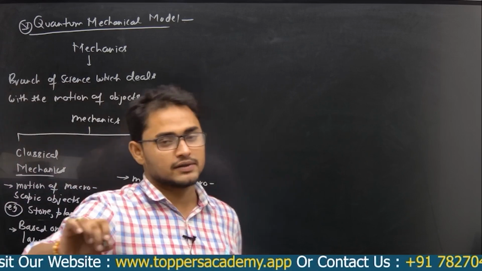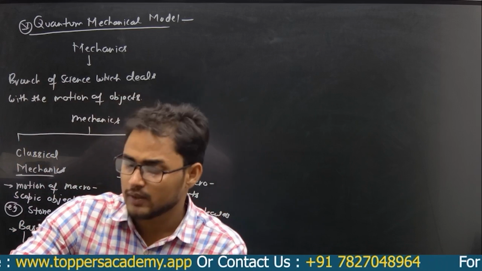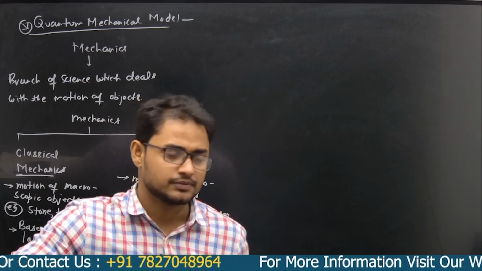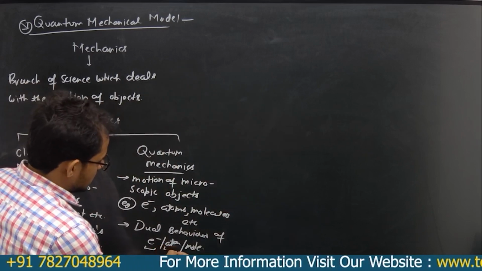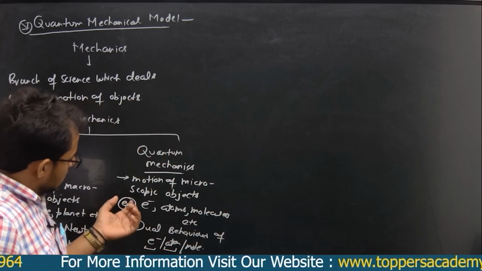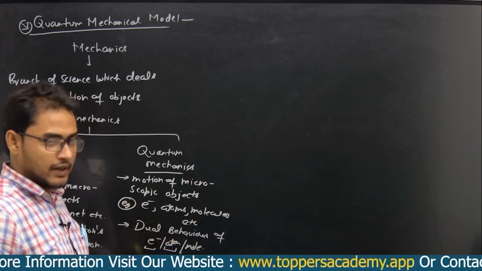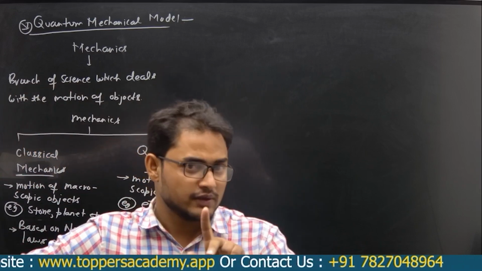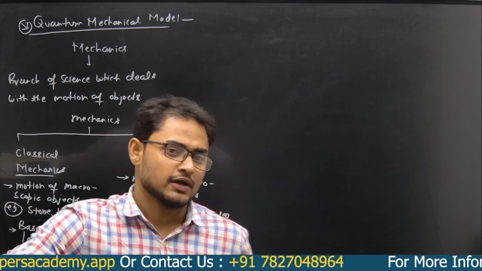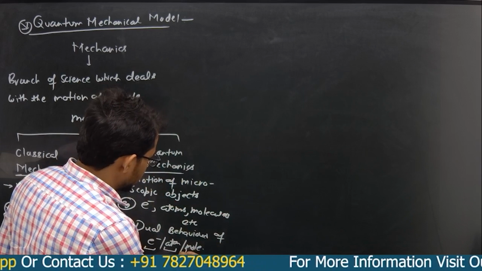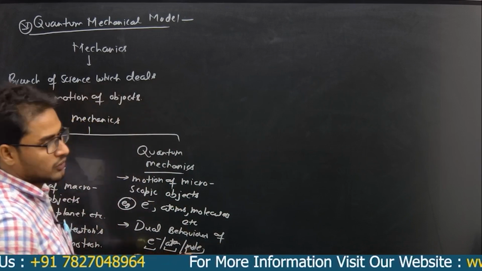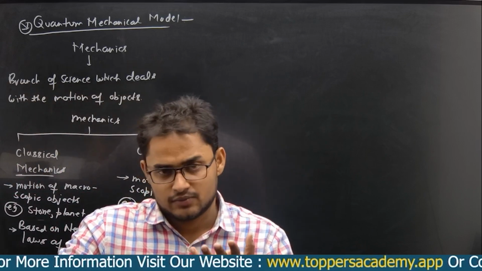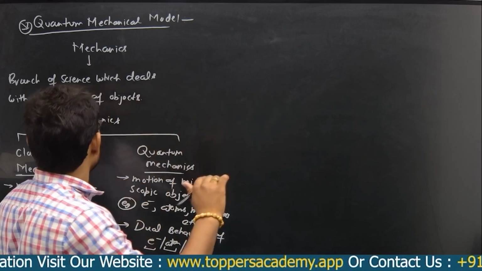It will consider that this electron has two types of behavior, particle nature and wave nature. Similarly, for the motion of an atom or a molecule, it will consider that it has two types of behavior, wave nature and particle nature, right?